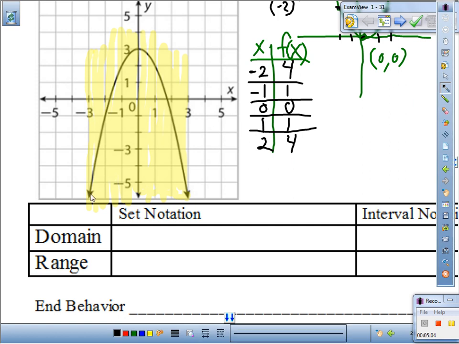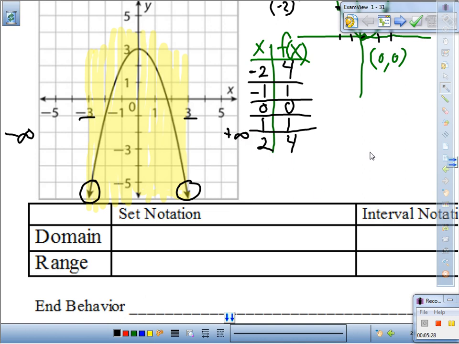Now, if this function did not have an arrow here and here, my domain would be from what? From -3 to what? To 3. But since it does have an arrow, what does that tell us? That it keeps going to the left all the way to what? -infinity, and all the way to the right to +infinity.